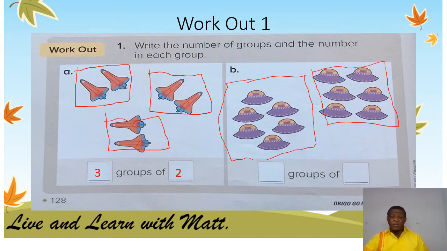So how many spaceships in each group? Let's count. 1, 2, 3, 4, 5, 6. Did I hear 6? That's correct. So we have 2 groups of 6. Now write that down in your book before we go on to workout number 2.